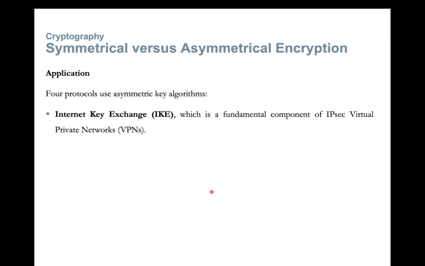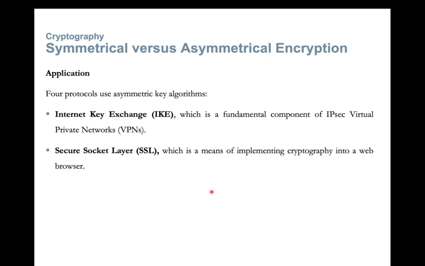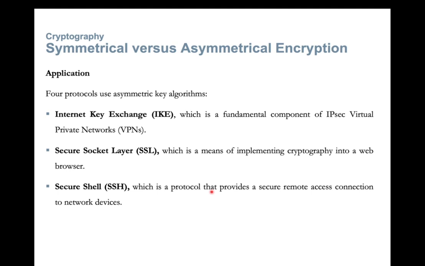The second one is Secure Socket Layer, SSL, which is a means of implementing cryptography into a web browser. Another one is Secure Shell, SSH, a protocol that provides a secure remote access connection to network devices.